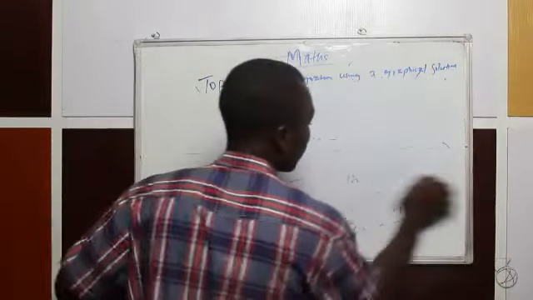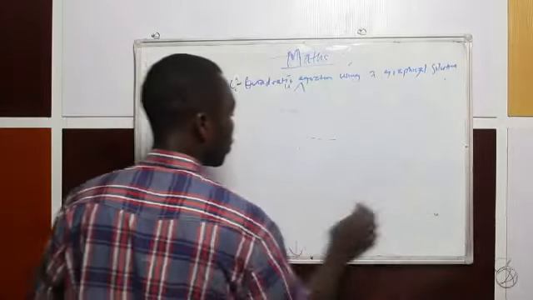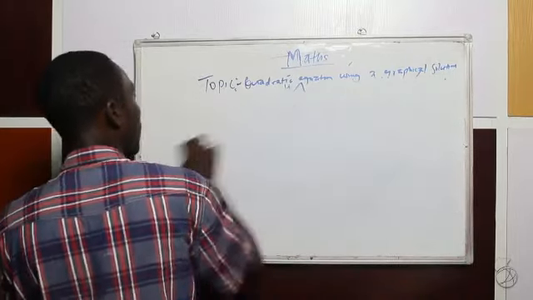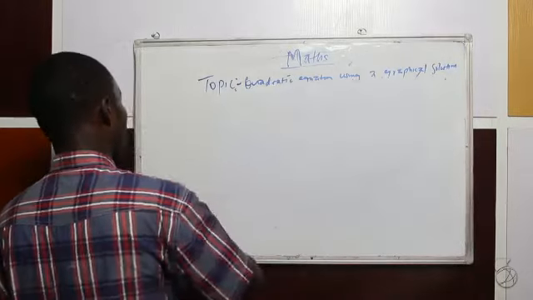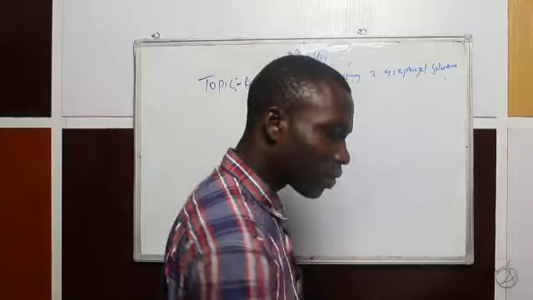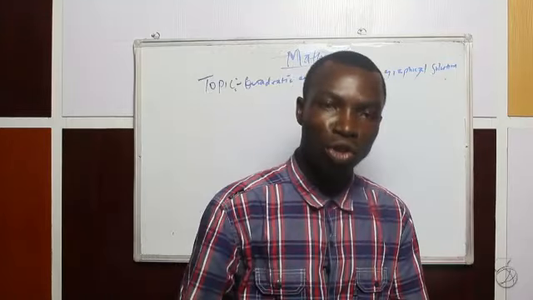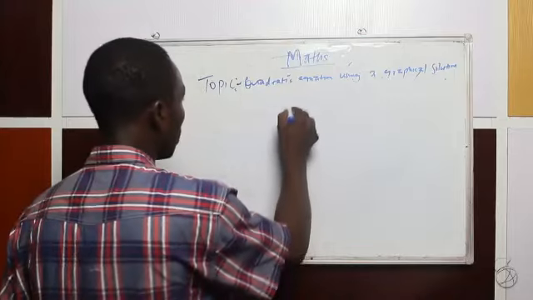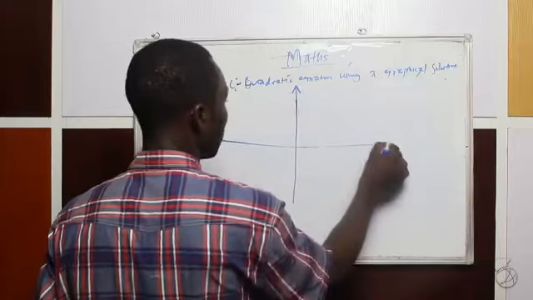Line of symmetry explains graphical solutions, either N-shape or U-shape. Now, I want to show you the meaning of line of symmetry.